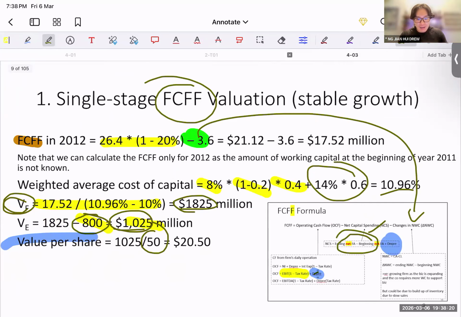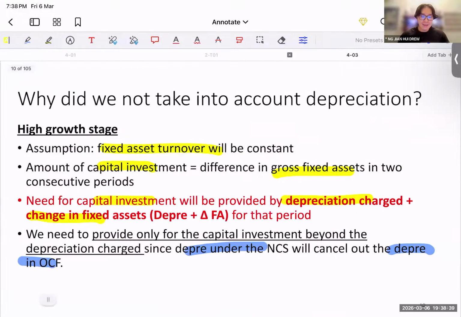We only need to provide this capital investment. Any capital investment, which is your NCS, that is more than depreciation is the amount that we have to provide for, which is why we only provide for capital investment that is more than the depreciation charge, because our depreciation in NCS cancels out the depreciation in our operating cash flow.